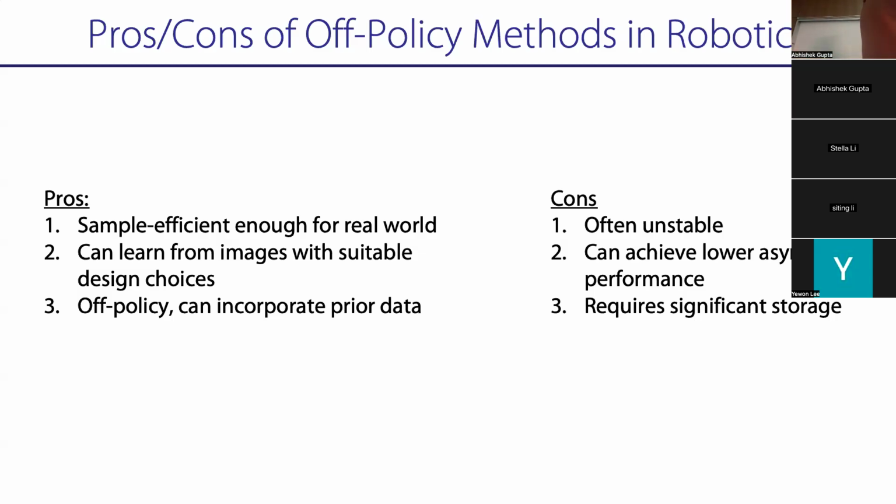You can learn from images, and some of the groups yesterday had great suggestions on how to learn from images. And you can learn from prior data. If you have data from prior experiments, off-policy data that is suboptimal, it's much easier to use it in an off-policy method than a PPO policy gradient style method.